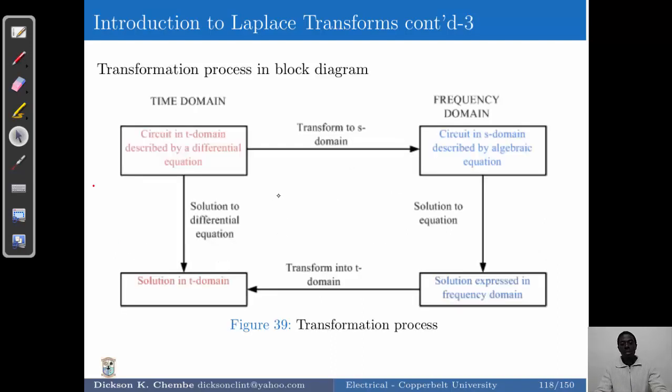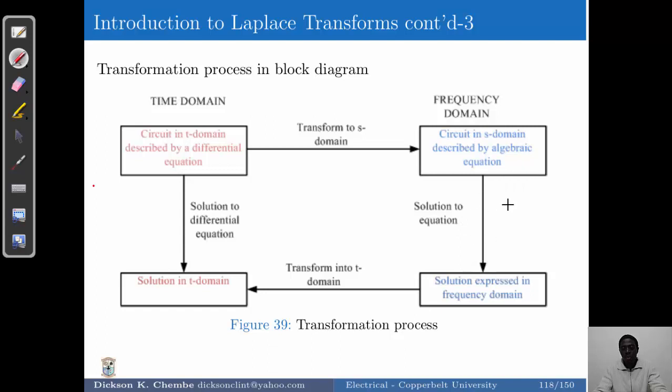Now let's look at the procedure of getting the Laplace solution. In the transformation process, you've got a circuit in the time domain described by a differential equation. You transform that circuit to a Laplace circuit, or an S domain, or frequency domain circuit, which is described by algebraic equations.